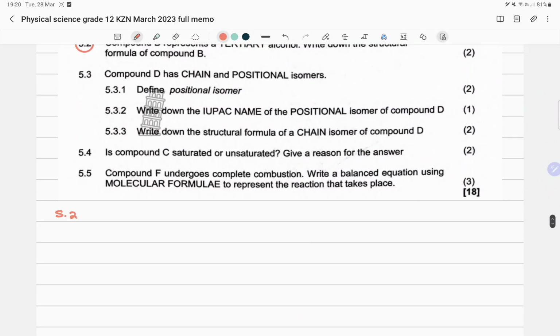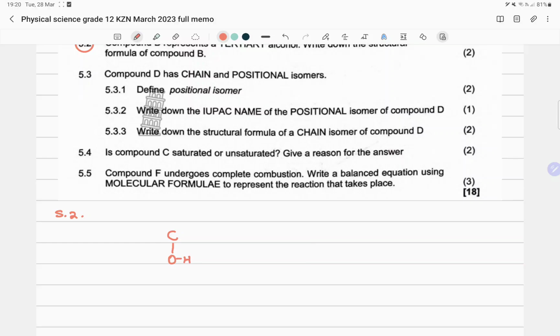5.2. For us to have a tertiary alcohol, the carbon that is bearing the OH group, sometimes you can write it like that, sometimes you can just write it bent.